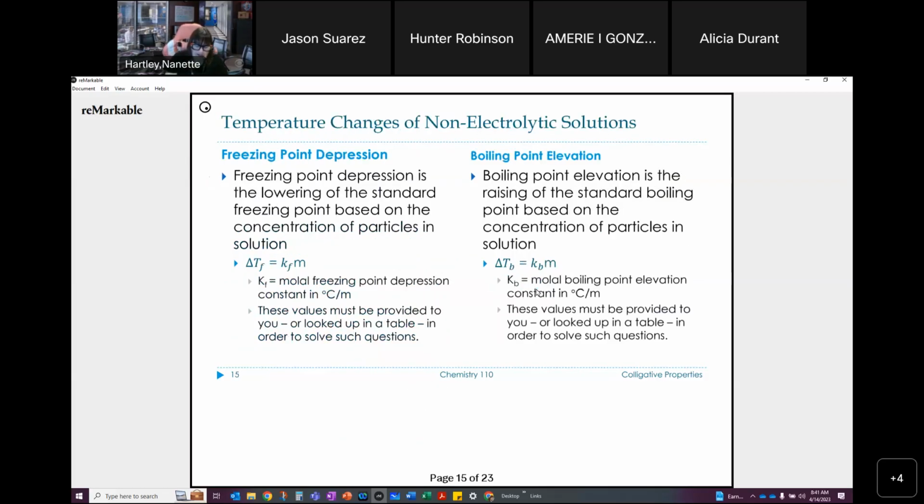Now, the other things that we see is that there are temperature changes. Okay? So we see freezing point depression and boiling point elevation. Now, here in the South, we don't talk much about freezing point depression because we don't really see it here. But if you live somewhere where it snows, they often go out and they'll put down sand or they'll put down salt.